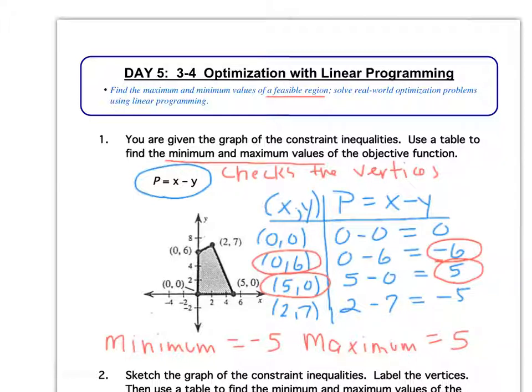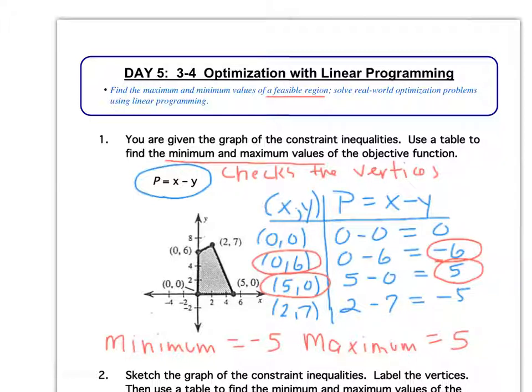As I plug those in, 3 times 0, take away 0 is 0. 3 times 0, take away 6 is going to give a negative 6. And then 3 times 3, take away 0 is going to give me 9. So again, checking out the values, I've got a minimum value at negative 6, I've got a maximum value at 9, and I can record my results here.